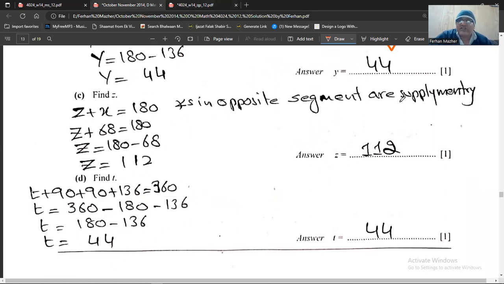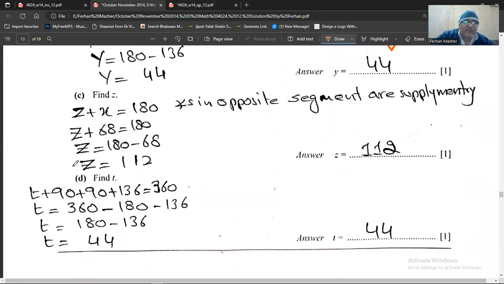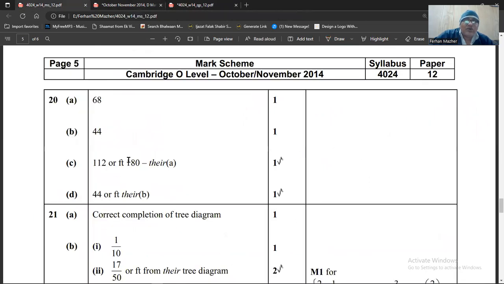Angles in opposite segments are supplementary. So z plus 68 equals 180, because the x value is 68. So z will be 180 minus 68, so the z value will be 112.